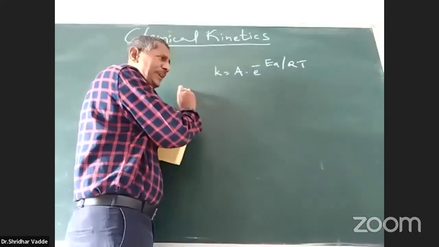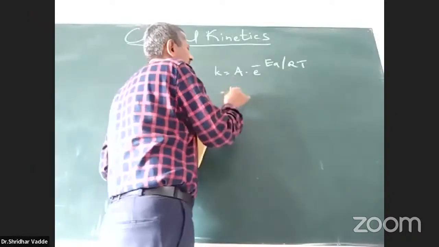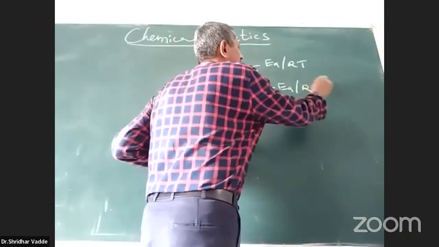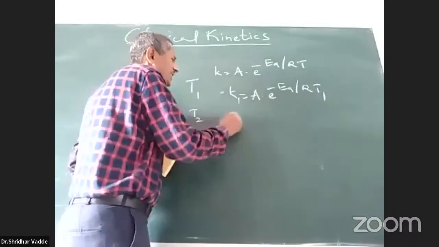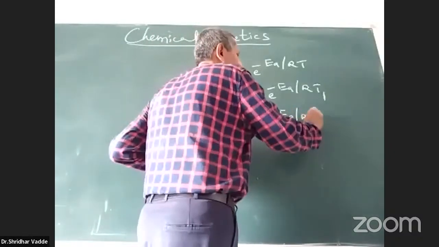At a particular temperature T1, this is written as K1 is equal to A into e to the power of minus Ea by RT1. At T2, K2 becomes A into e to the power of minus Ea by RT2.